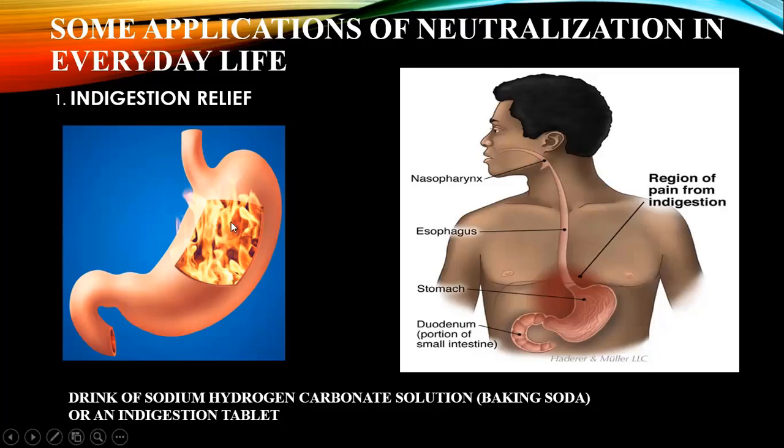When the environment is neutral, then that problem is going to disappear. The indigestion can be caused maybe by too much acid being produced in the walls of the stomach, or you ate a lot of acidic food or anything. Because we are adding the sodium hydrogen carbonate, which is more like a base, this is going to increase the pH.